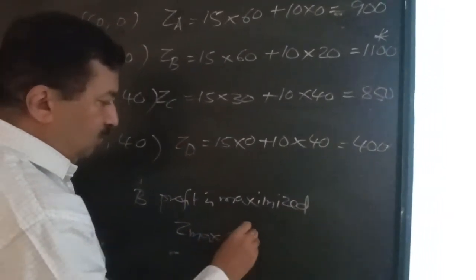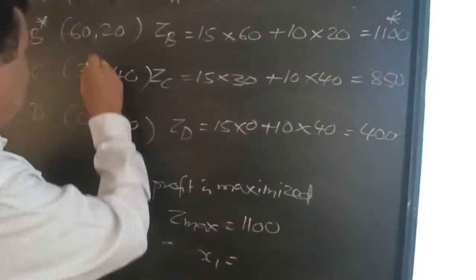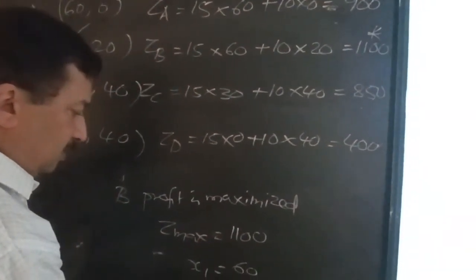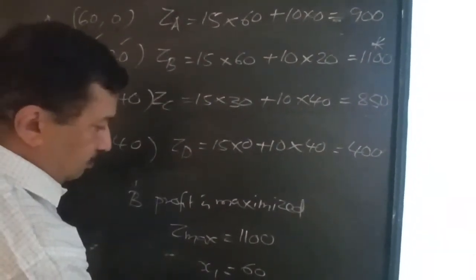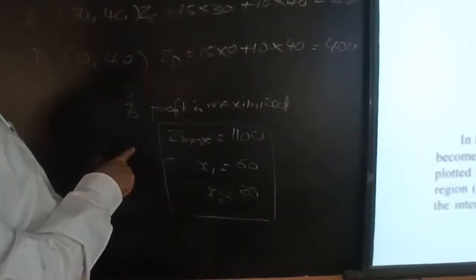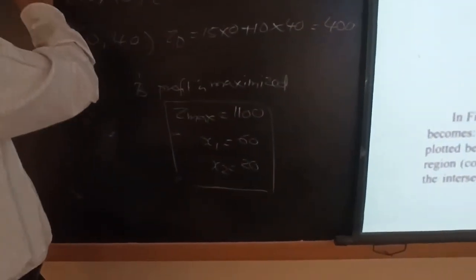Z max equal to 1100. x1 is 60 and x2 is 20. This is the solution. So our conventional method found that the profit is maximized at point B.